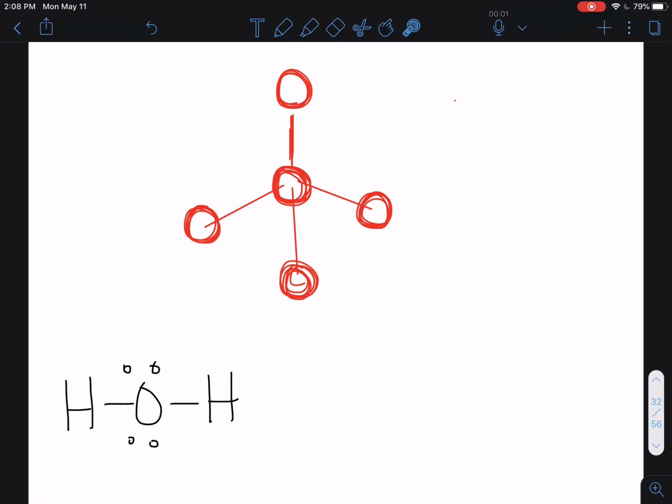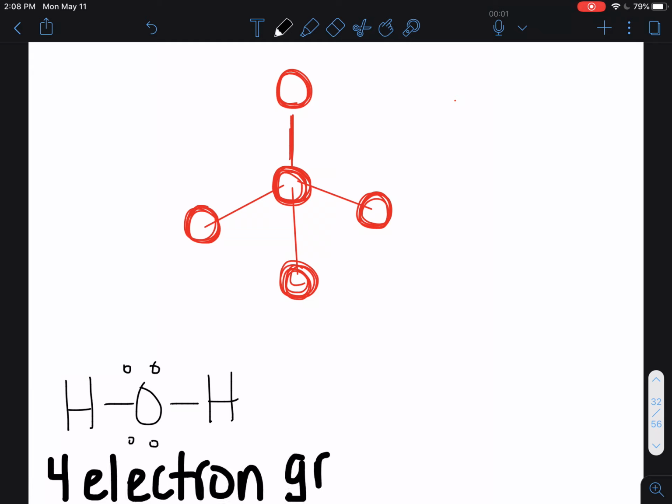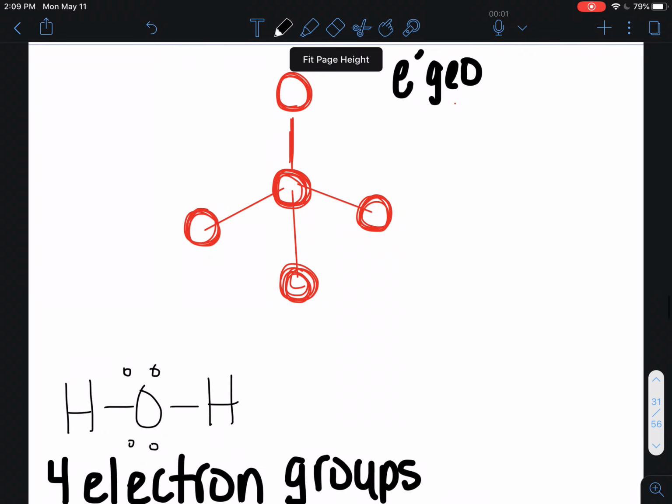This is the Lewis structure. 4 electron groups. Each electron group, there's a lone pair here, and then 2. That's 1, 2, and then 3, 4. So 4 electron groups gives us tetrahedral. So that means electron geometry is tetrahedral.